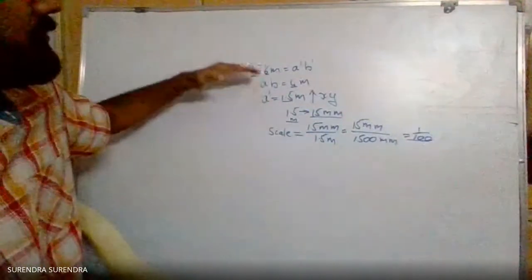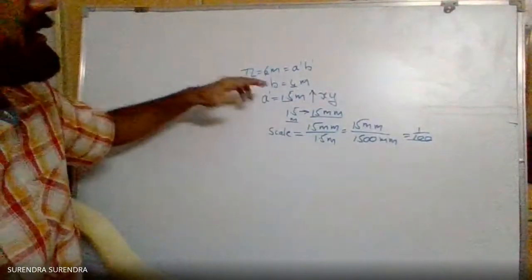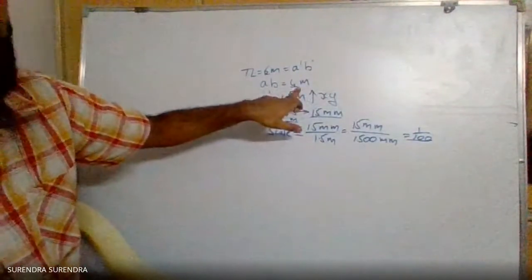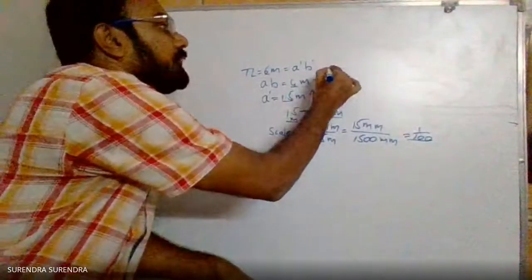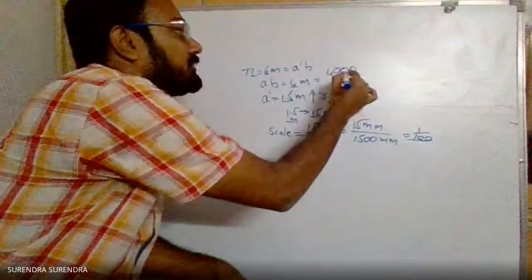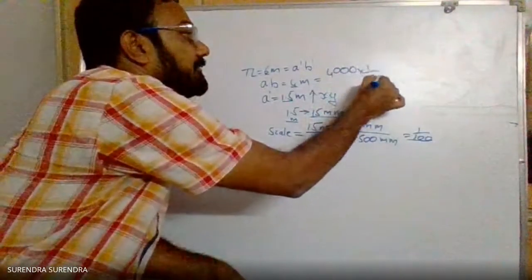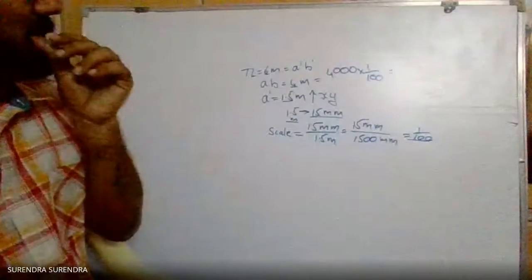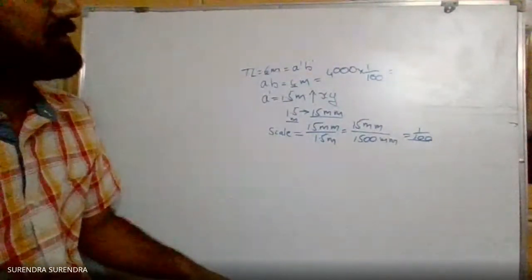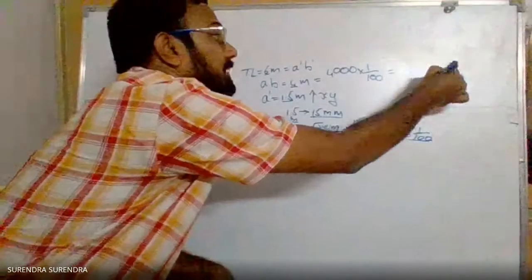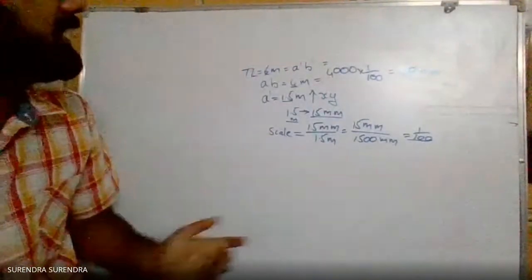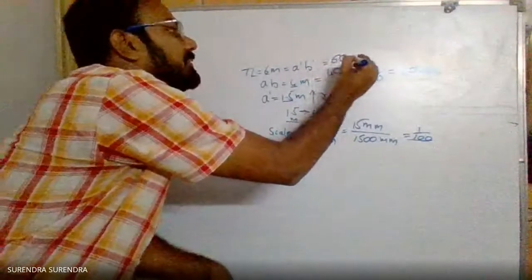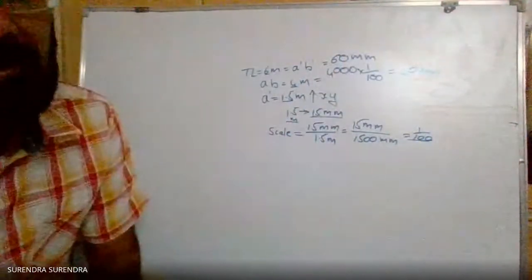In the same ratio, we can convert this. Convert this 4 meters by multiplying it with 1 by 100. What is the value? 4 meters means 4000 into 1 by 100. It is 40 mm. Similarly, this 6 meters is equal to 60 mm, 6000 into 1 by 100.